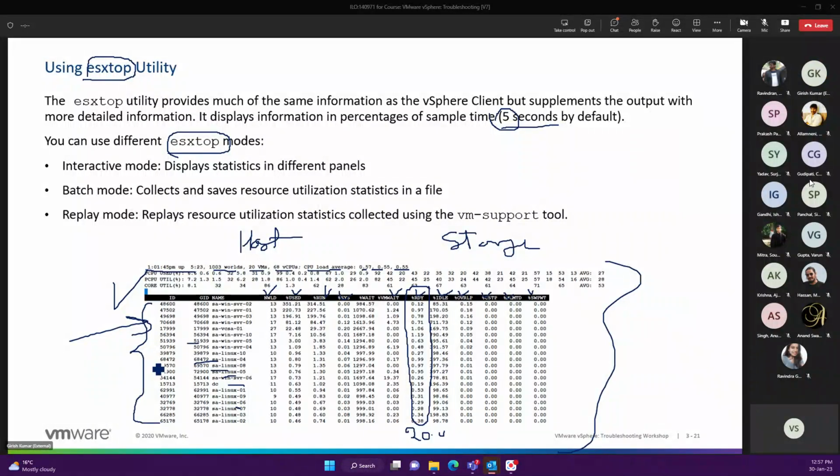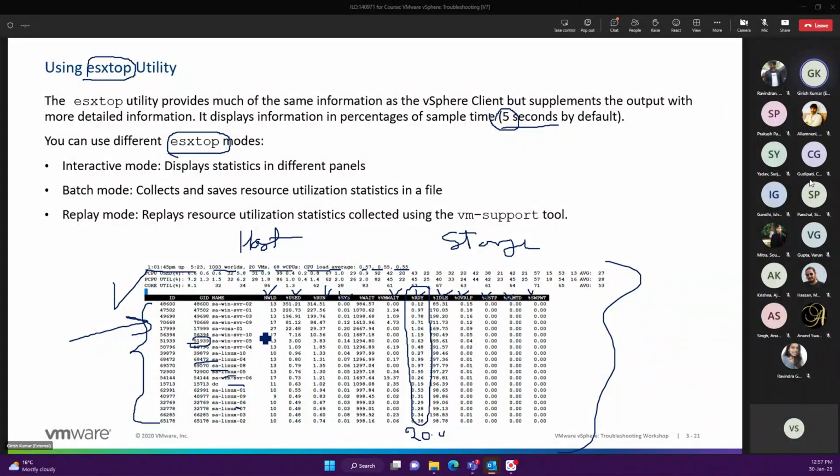Capital V shows only VM-related processes. And for a single VM, to see how many processes are involved, you can use the GID number. Every virtual machine has its separate GID. You can copy it and write it.